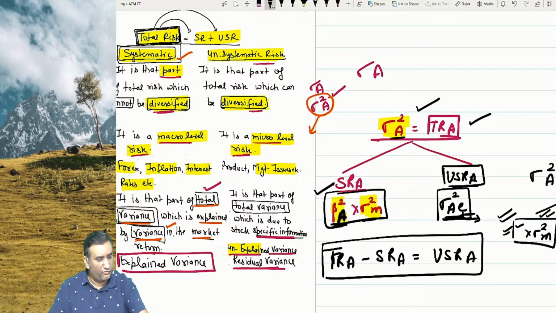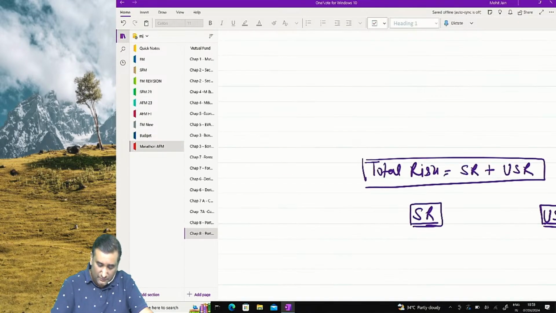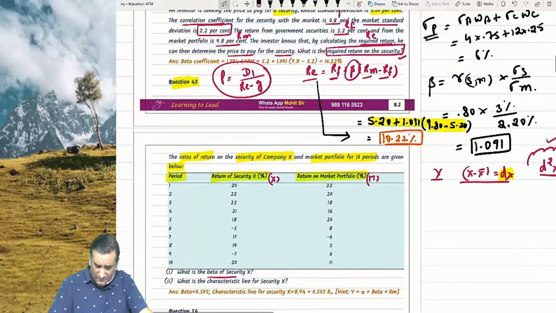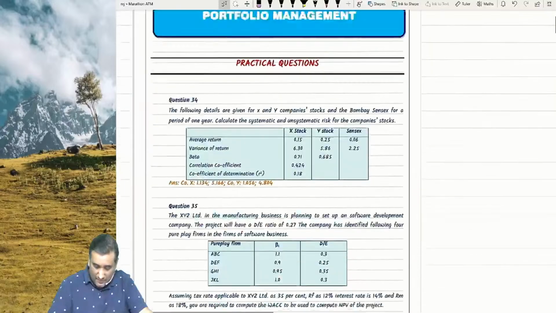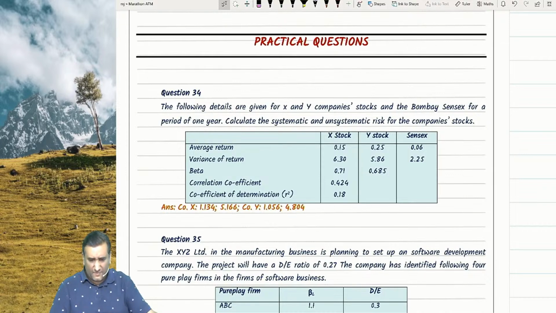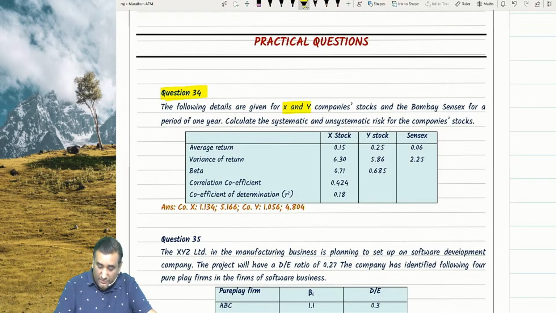Have I given you question number 34? Following details are given for X and Y companies' stock and the Bombay Sensex market for a period of 1 year.